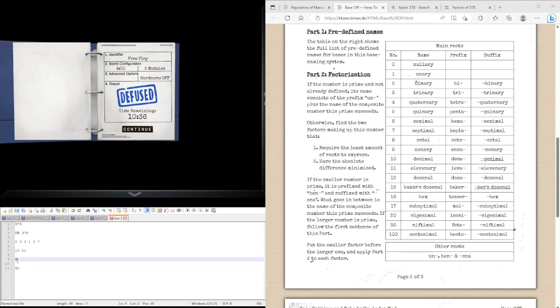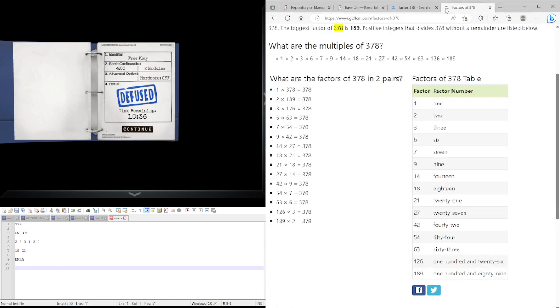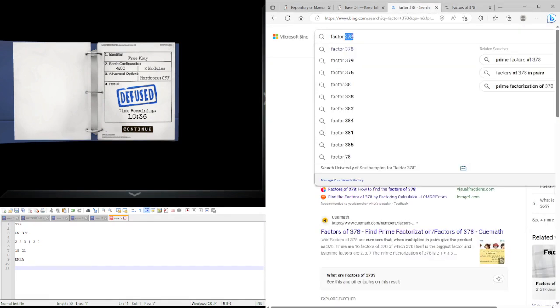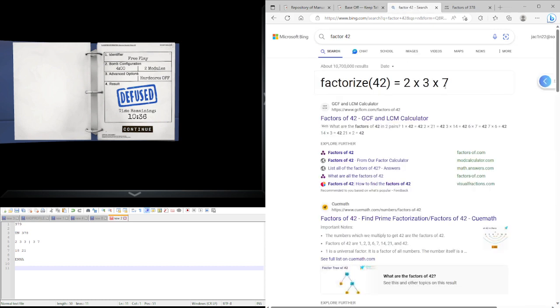Just in total, this would become Enna. 42 ends up becoming 6 and 7, which is hexaseptimal. So this one becomes Enna hexaseptimal, which as you can see requires 3 roots.